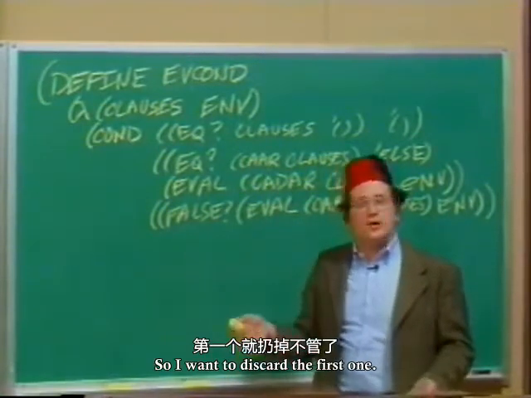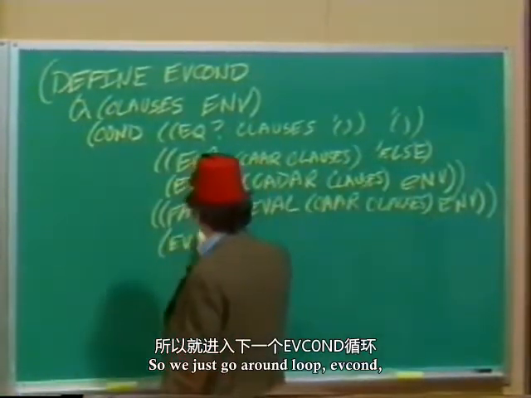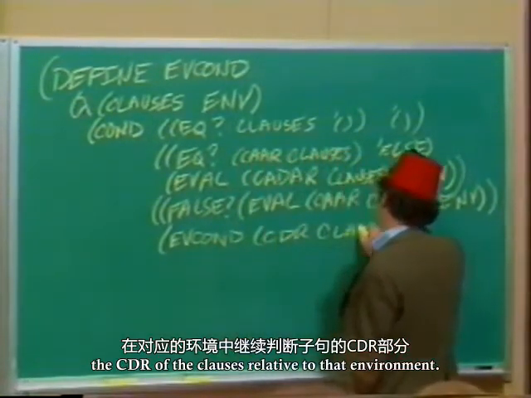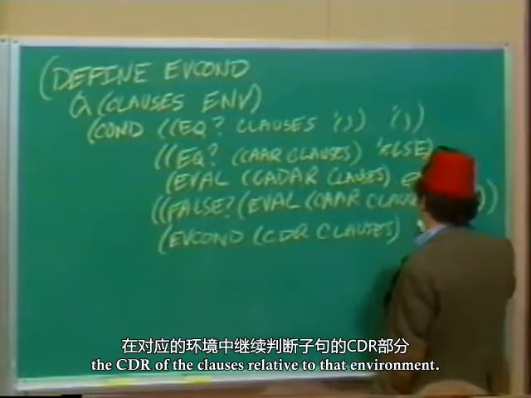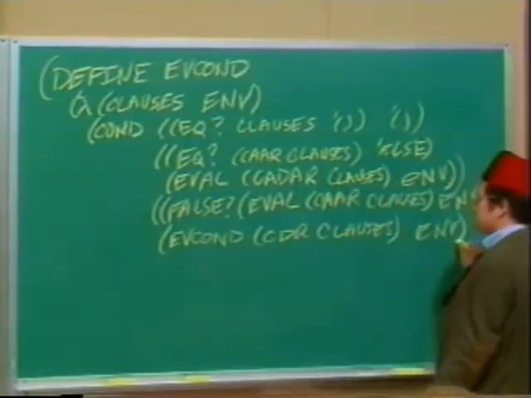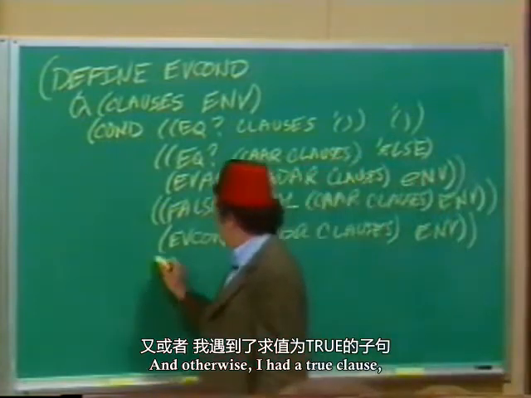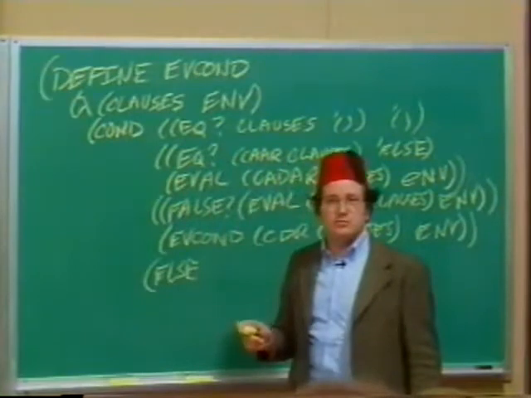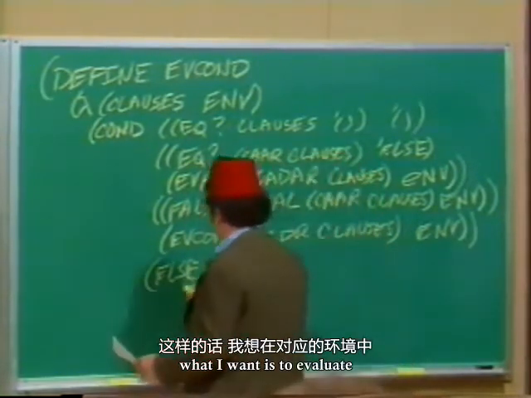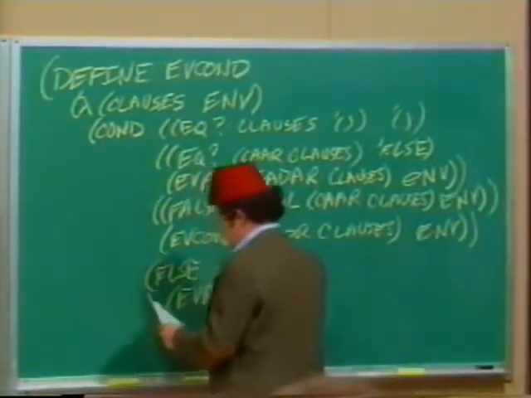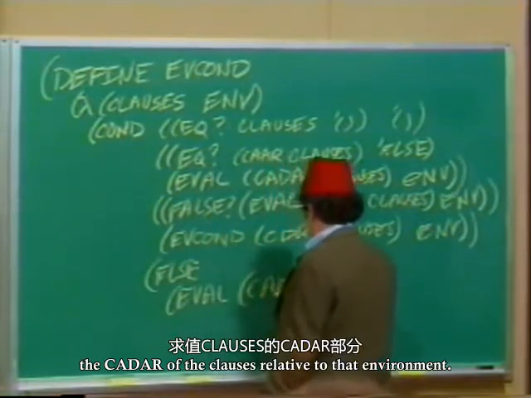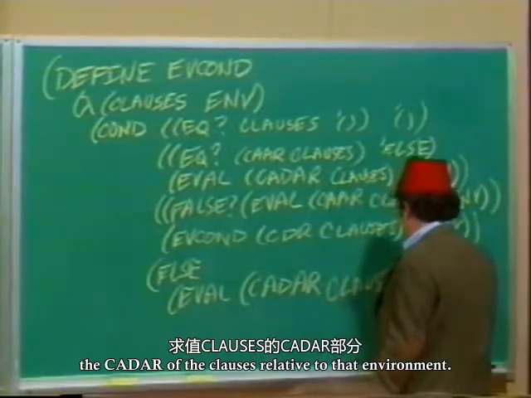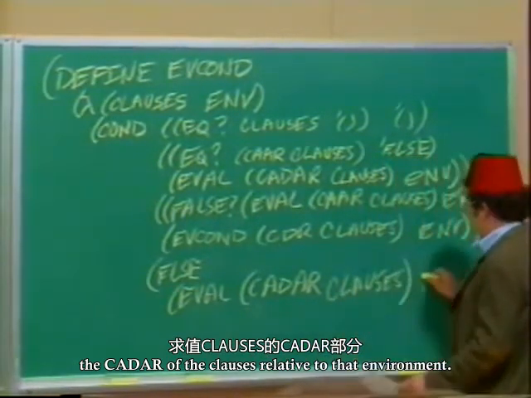So I want to discard the first one. So we just go around the loop, evcond, the cdr of the clauses, relative to that environment. And otherwise, I had a true clause, in which case what I want is to evaluate the cadar of the clauses relative to that environment.